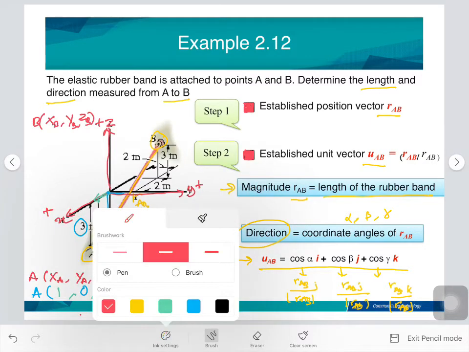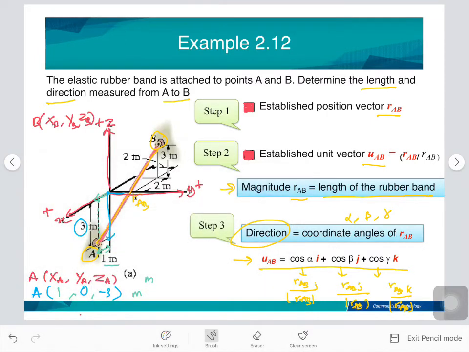Here we travel from the origin to point B on the negative side. What is the length? It is 2, right? Because of the opposite direction, we have XB as negative 2.